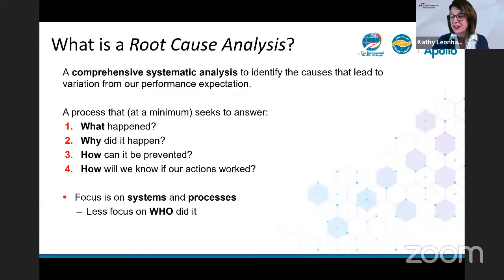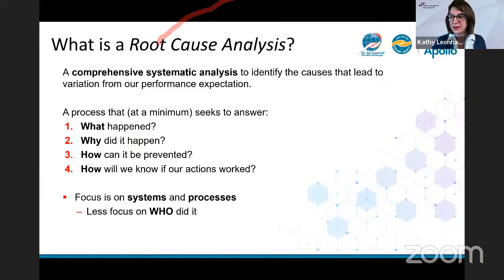And it's important to consider what the purpose of this is. It seeks to answer the questions in this order. What happened? Why did it happen? How can it be prevented from happening again? And how will we know if our actions or interventions worked?